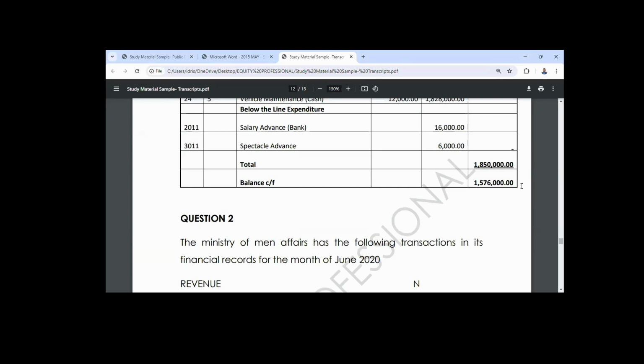So I have two questions, sir. Okay, you can ask. Number one: payment of tax, is it under above the line expenditure? This is government.